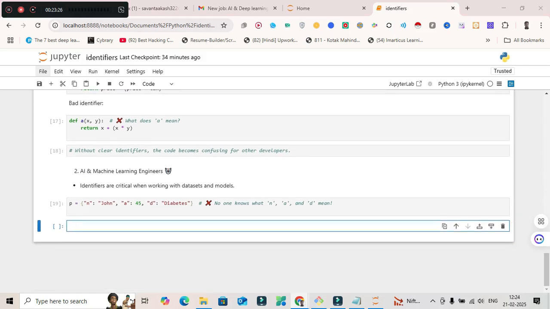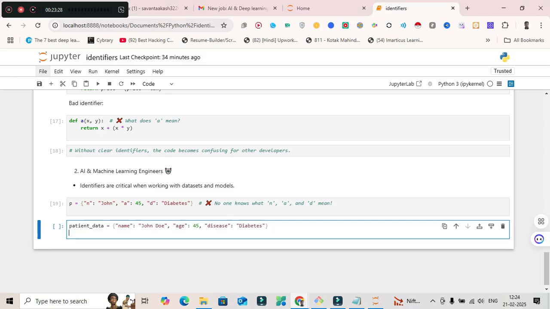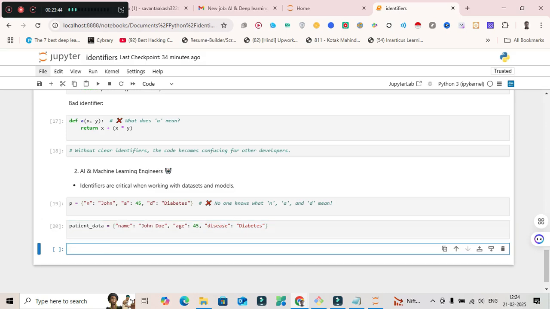Instead of P, you should have something like patient data, name is John Doe, age is 45, disease is diabetes. Identifiers are critical in this particular domain as well. I hope you are getting this.